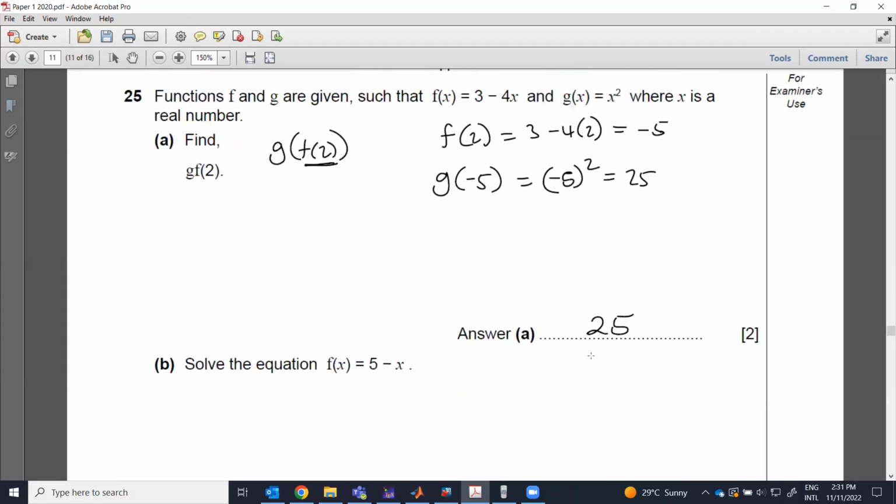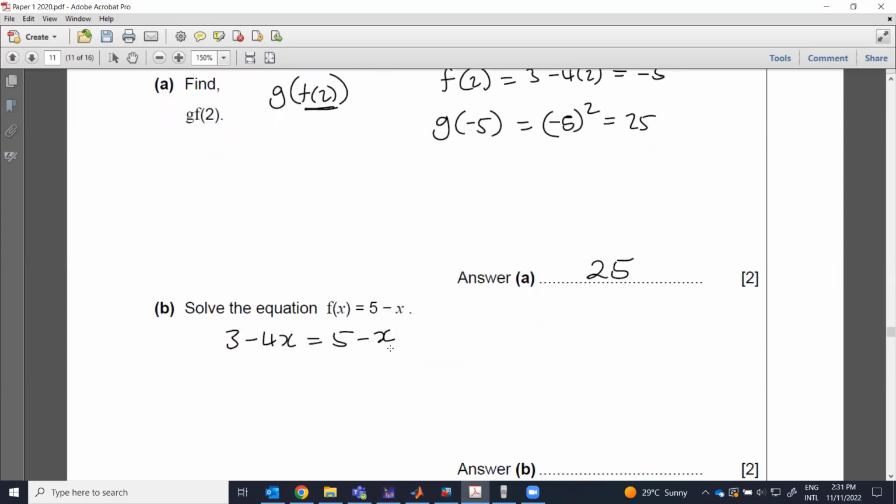Okay, then the next question, 25b, solve the equation f of x is equal to 5 minus x. So f of x is here. So we have 3 minus 4x is equal to 5 minus x. We know how to solve this. Collect all the terms with x on one side, the terms without x on the other side. So this 5 will go this side, 3 minus 5.